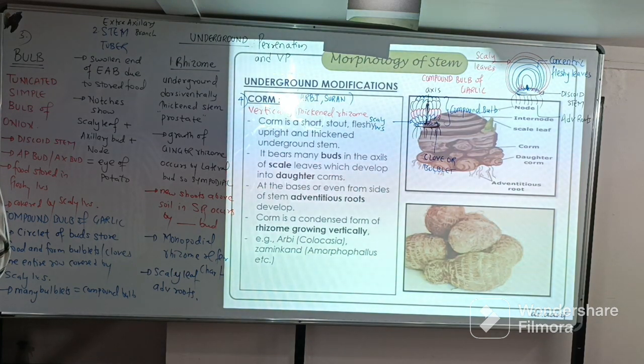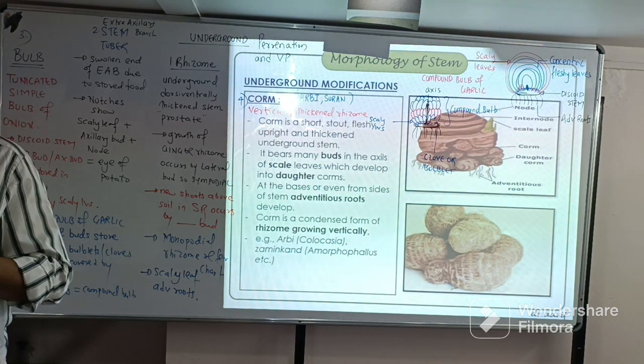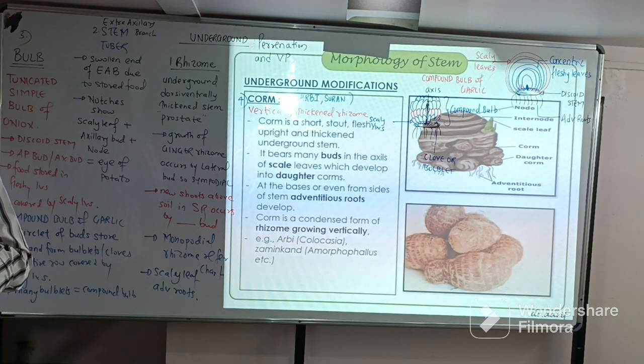Garlic is made up of many units. What are those units called? Branches. Very good. Bulbets. Or they're called cloves. Better. Okay. Clear everybody? How do you define a corm?